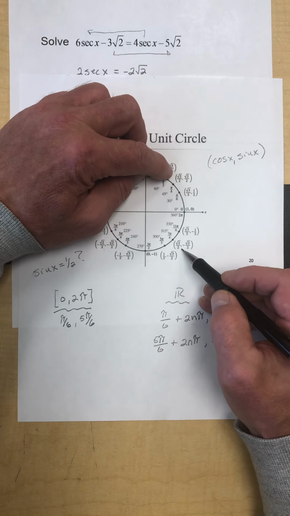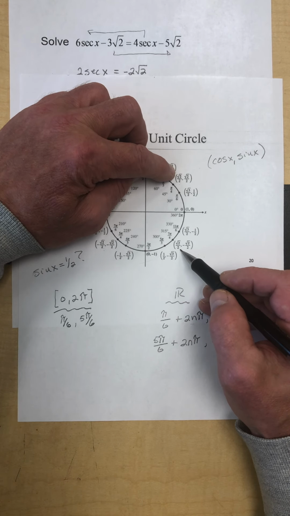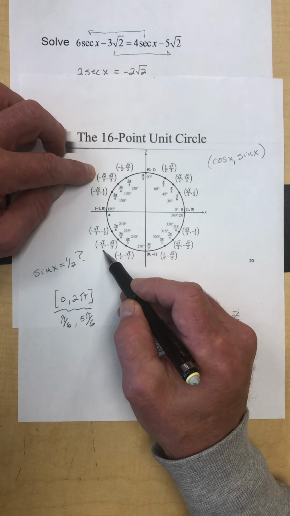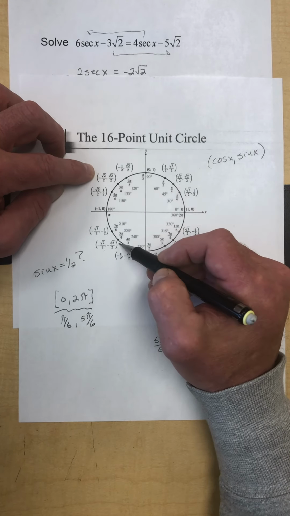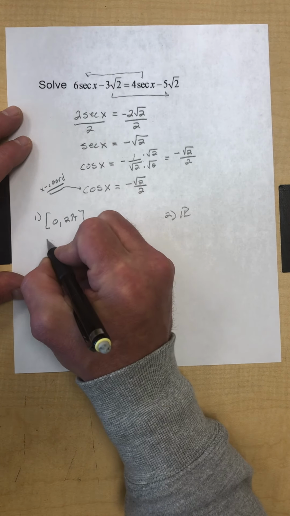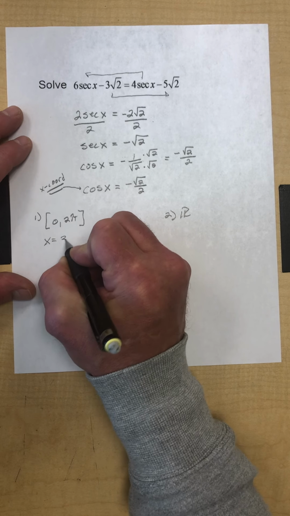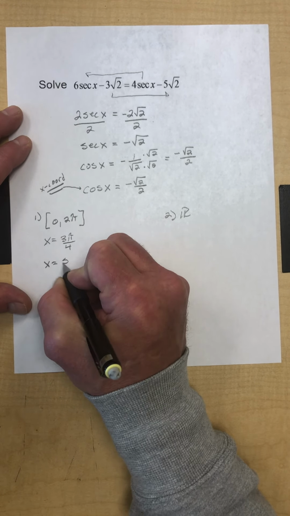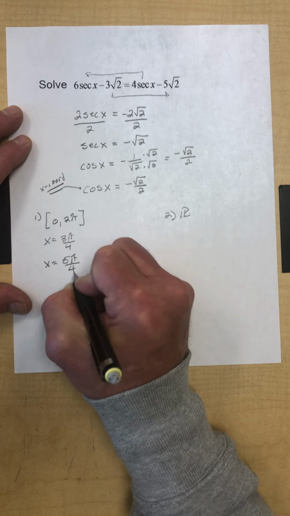Notice over here, the x coordinates are positive radical 2 over 2. I don't want that. I only want negative radical 2 over 2 for my x coordinates. So at 3 pi over 4 and 5 pi over 4. Okay, so my two solutions here, x equals 3 pi over 4 and x equals 5 pi over 4.